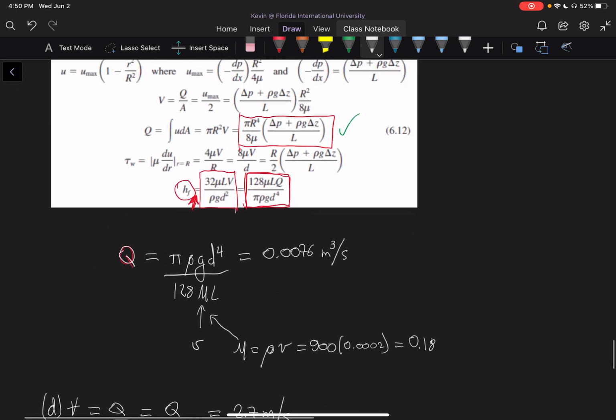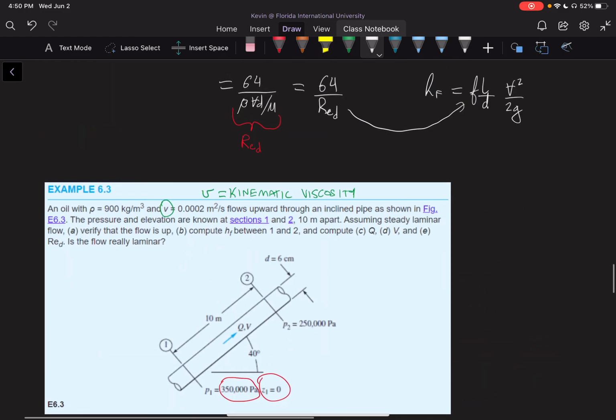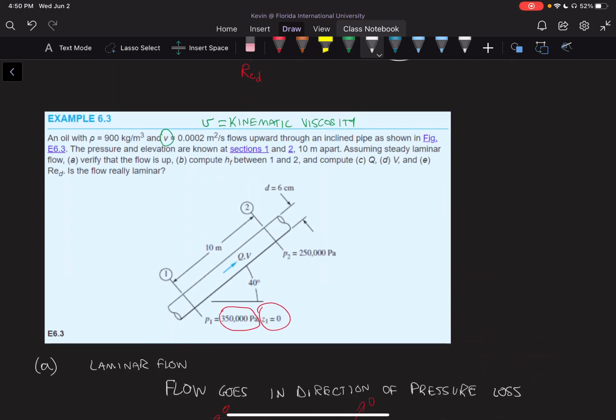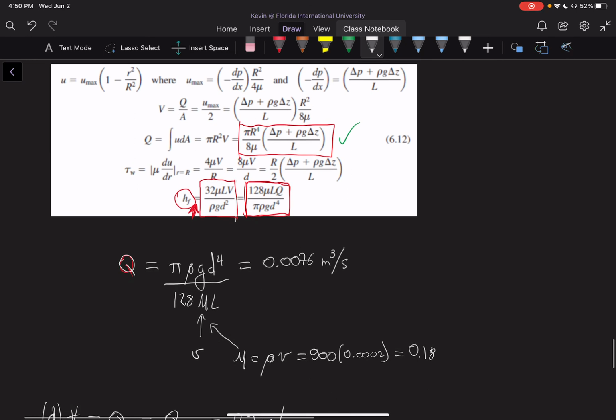So let's recap this problem a little bit. We started off by saying that we had to verify if the velocity was up and find HF. In order to find HF, you cannot directly use the equation HF equals 128 mu L Q over pi rho g d to the fourth, because you don't have Q. So you need to find HF another way.